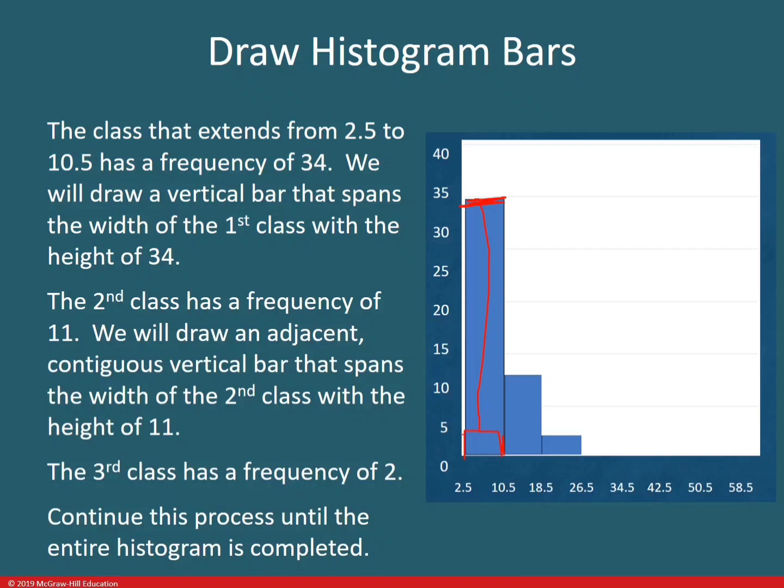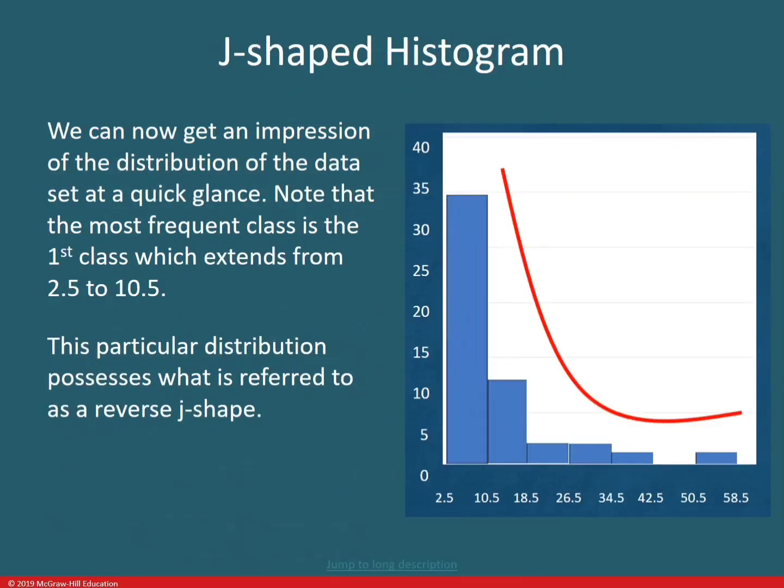And then from 10.5, just like on your boundaries, from 10.5 all the way to 18.5 was 11, and then 2, right? And then obviously this was, I think, 1, if I remember correctly. I think this was 2, and then this was 0, and then this was 1, I think. So that's how your table would look.